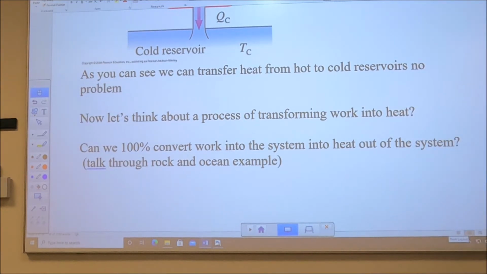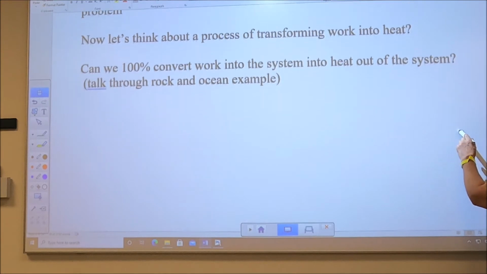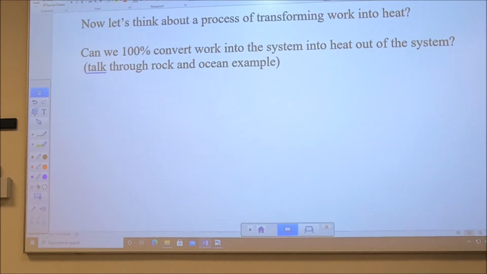Now let's think about a process of transforming work into heat. The question that we can ask is, can we 100% convert work into the system into heat out of the system?